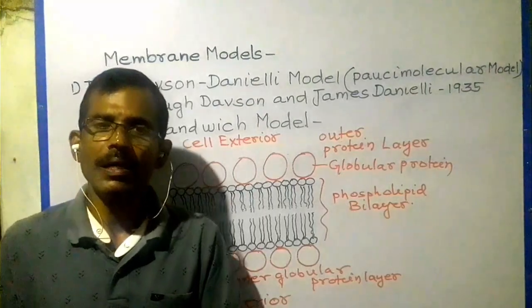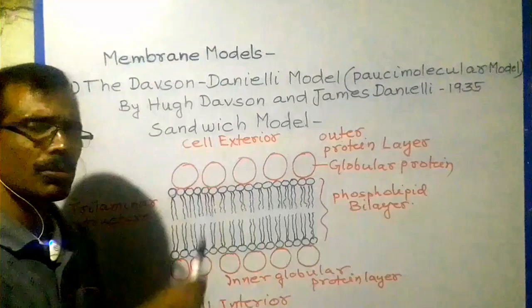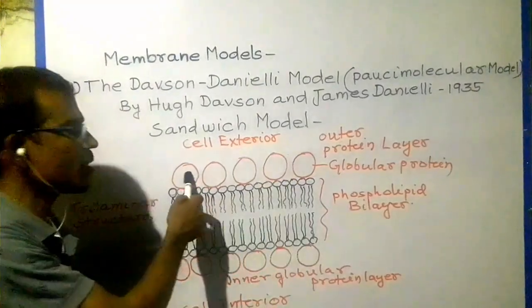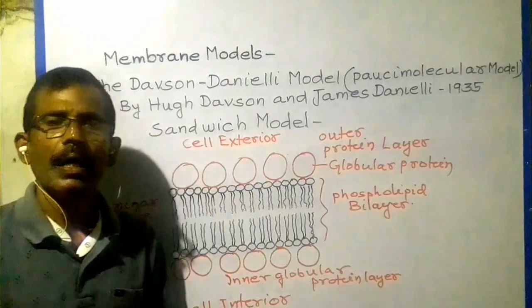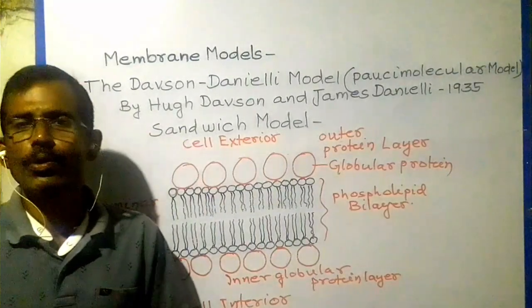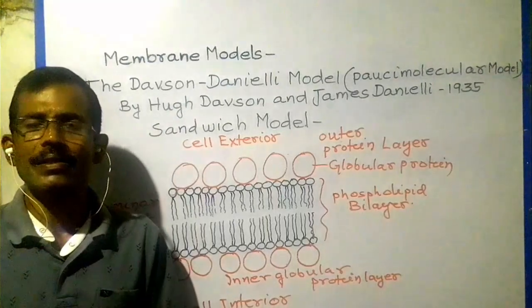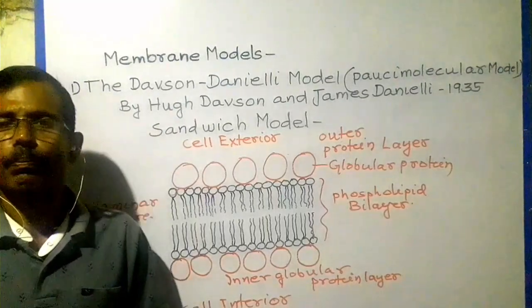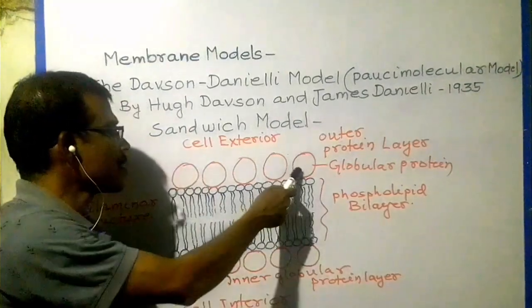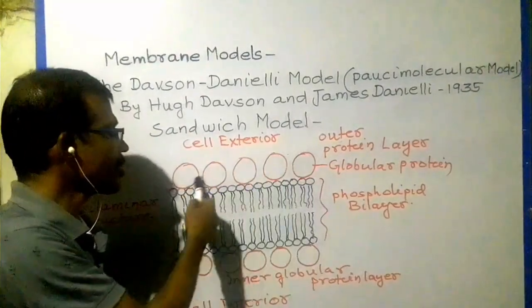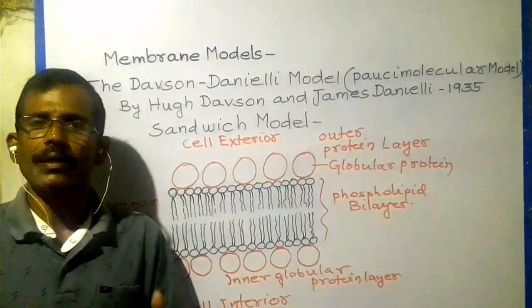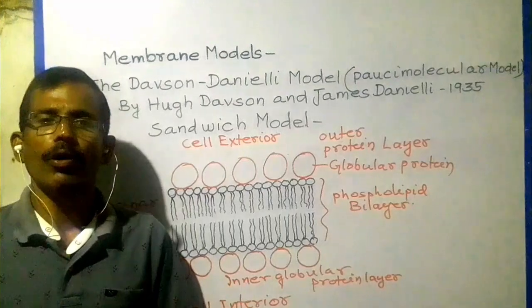Another shortcoming is that, according to this model, the proteins present on the surface of the phospholipid bilayer are amphipathic and largely hydrophobic. So they could not explain how, being largely hydrophobic, these proteins can be present on the surface of the phospholipid bilayer and interact directly with water molecules.